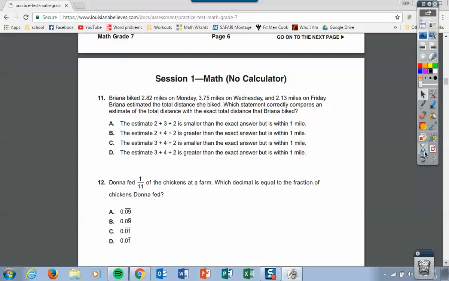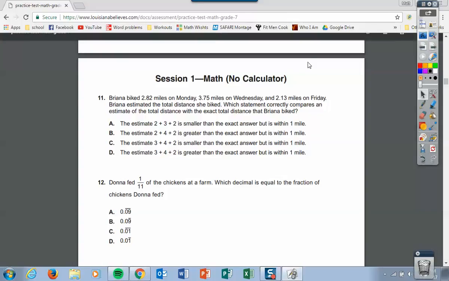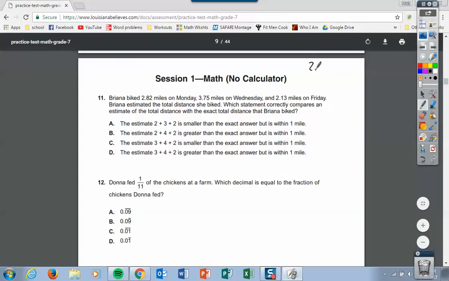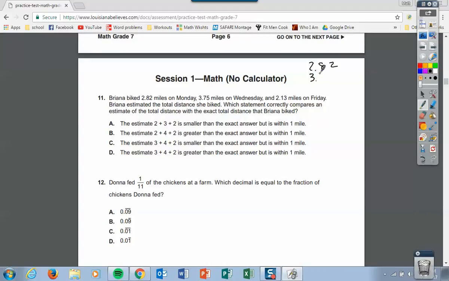Well, we need to find the exact, so if I add all three of those together, 2.82, 3.75, 2.13, that gives me a 0, carry the 1, 15, 17, carry the 1, 2, 4. So she biked 8.75 miles exactly. If I estimate these numbers, I'm going to estimate about 3, about 4, and about 2.